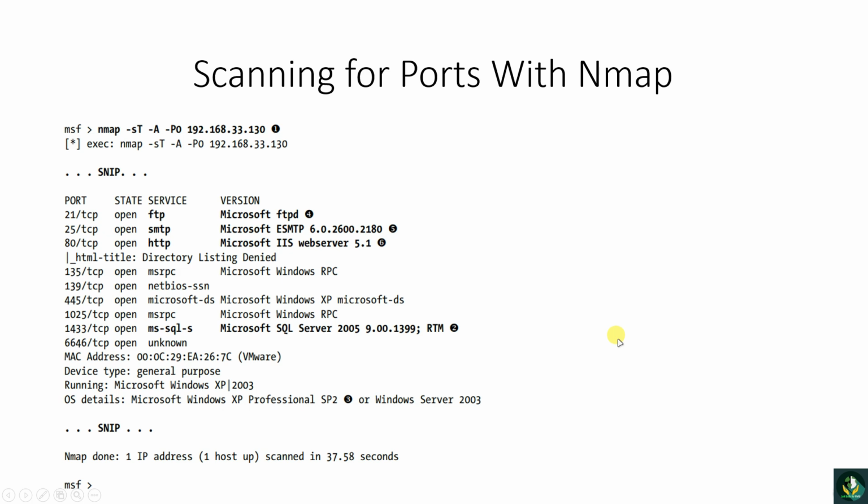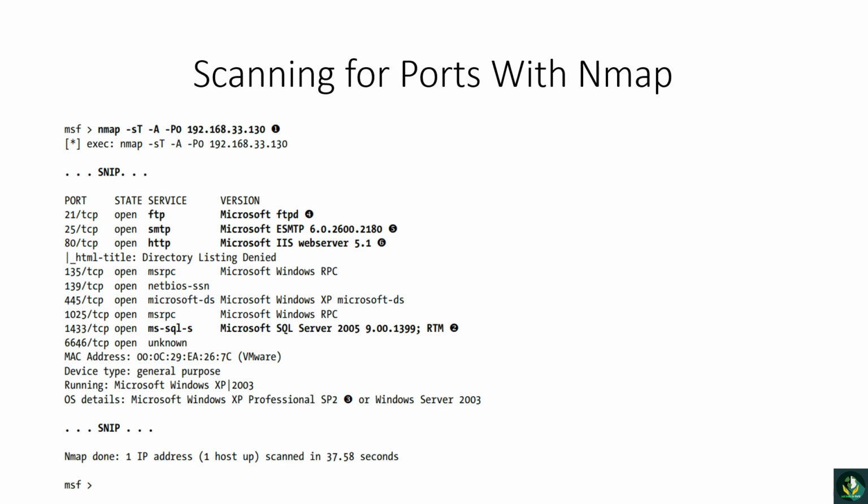But perhaps the more interesting thing that nmap tells us is that this machine is running Windows XP Professional Service Pack 2, which is now end of life, which means some published vulnerabilities will not have been fixed and patched by the installation of Service Pack 3.